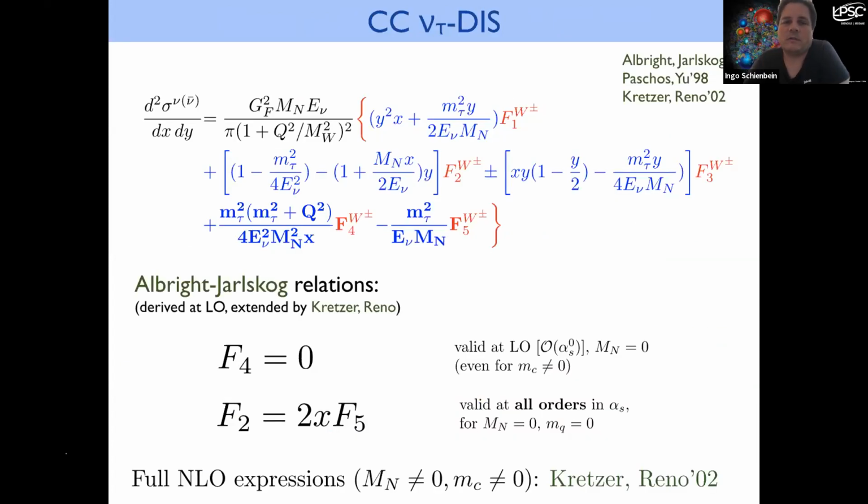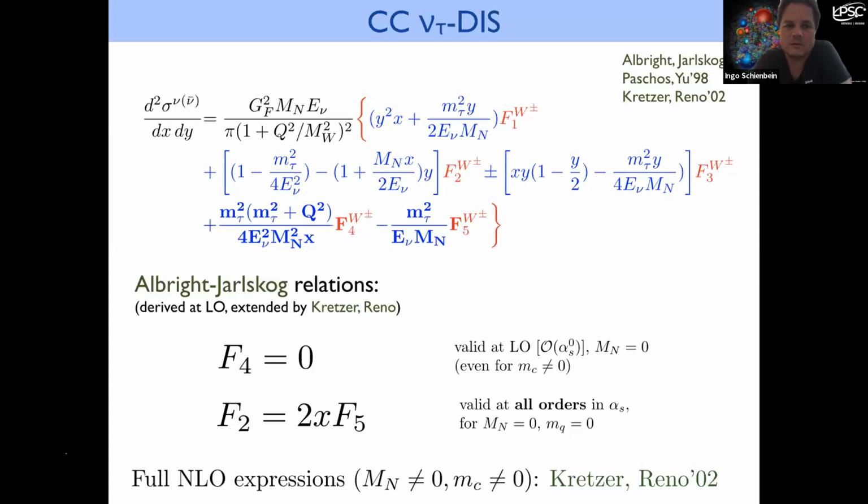And here would be an example, charged current tau neutrino DIS. As I said, this is the only case where it matters to keep the lepton mass of the outgoing tau lepton in the game. So here you see, otherwise the structure functions F4 and F5 would be neglected usually if you have a muon or an electron.